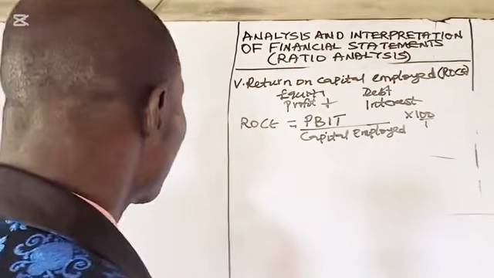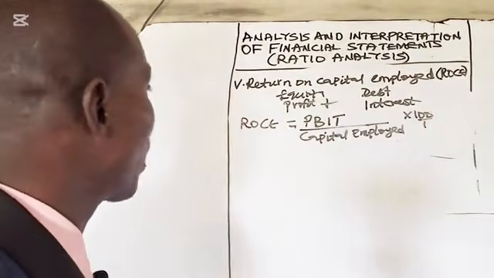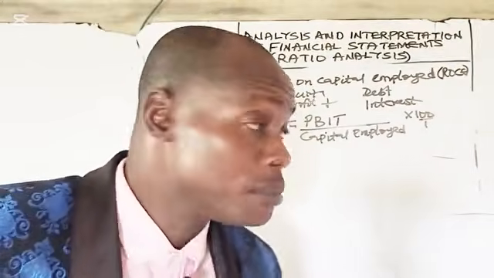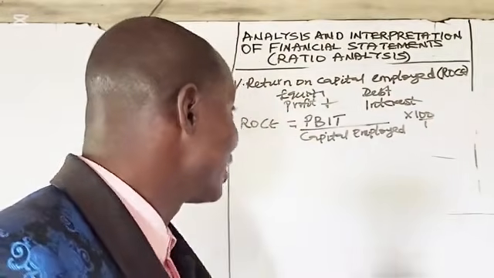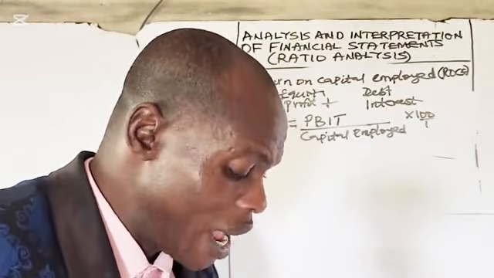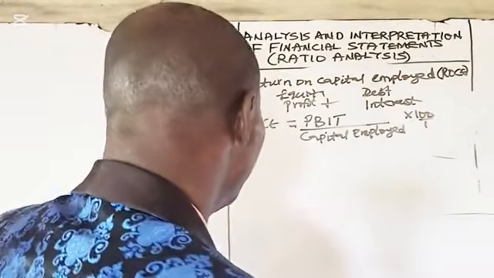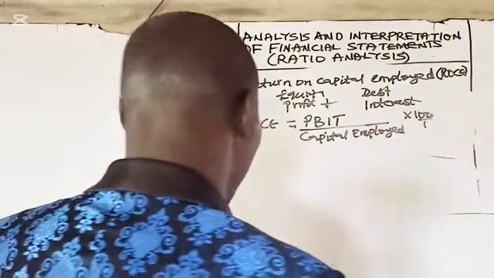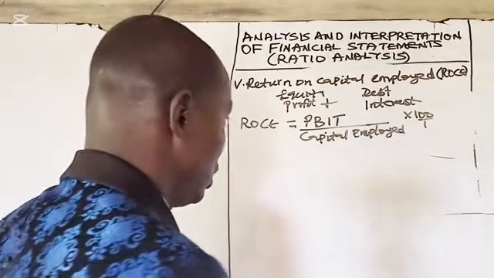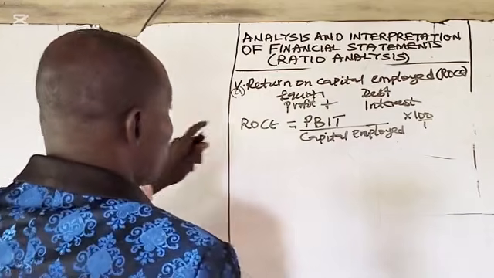Remember, I told you where this is the definition you want to adopt, your capital employed should comprise equity and debt. That is why we've used the returns to both equity and debt combined. The returns to equity and debt are combined because the definition of capital employed we have adopted in this case is equity plus debt.